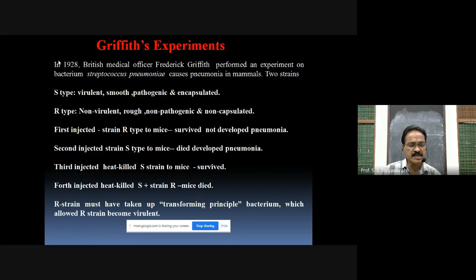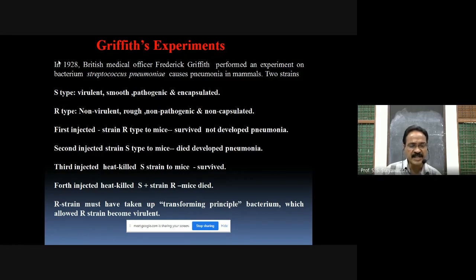S type, as the name indicates, S stands for smooth. The outline or texture of this type of bacteria is smooth, so the name smooth is given. It is virulent and pathogenic, that means it spreads a certain type of disease. Here we are related with pneumonia.